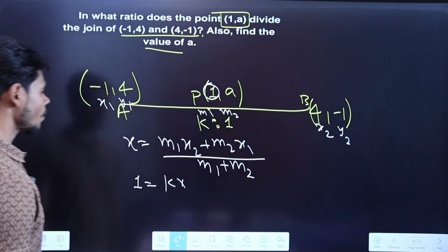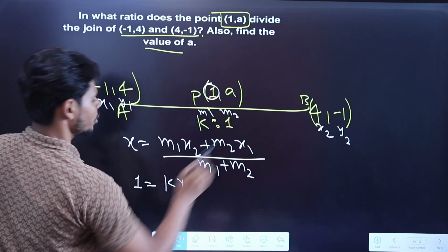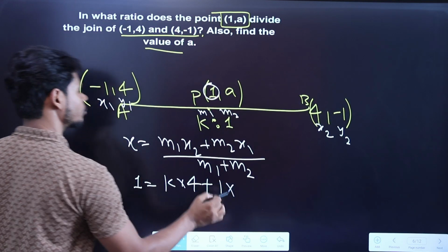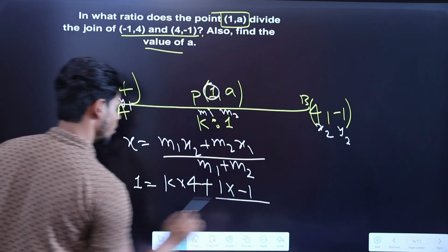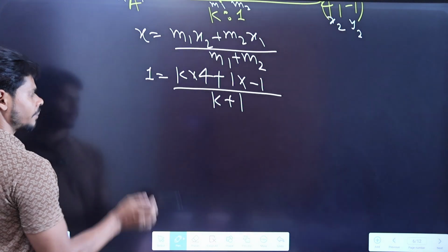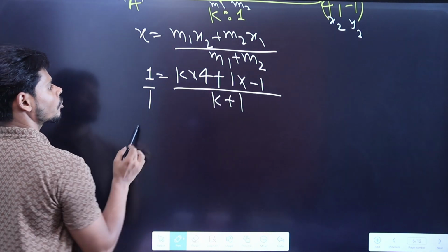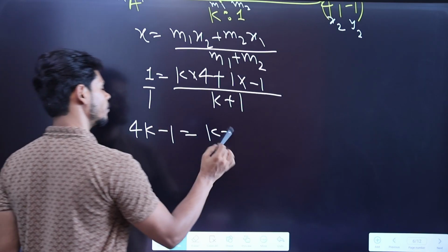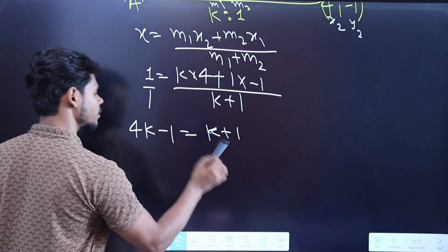Got it? So k into x2, which is 4, plus m2, which is 1, into x1, which is -1, whole divided by k plus 1. We just need to cross multiply this time, nothing else. So this cross multiplication will become 4k - 1 is equal to k + 1.